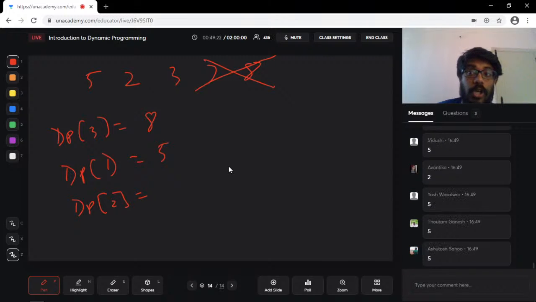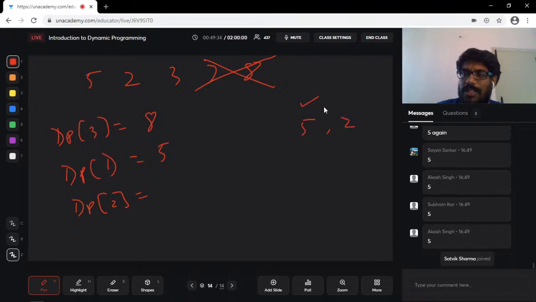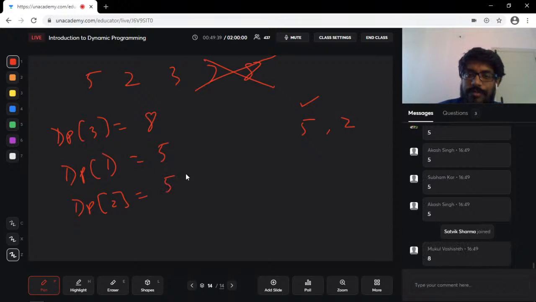No, DP of 2 is not 7 because I do have 5 and 2 right now, but I can't pick both because they are consecutive elements, right? So it's not even a valid subset. So now I have to just pick the maximum amongst both of these, and of course I'm going to pick the 5. So DP of 2 is also 5. Yeah, and then we saw that DP of 3 is 8.